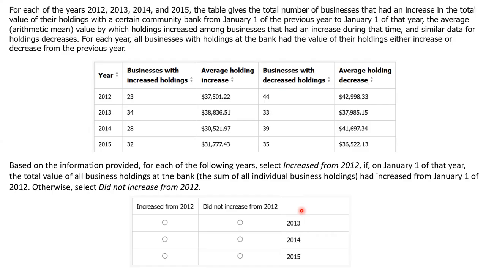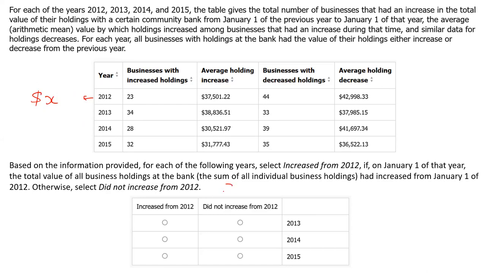Isha, how did you arrive at that? Very nice approach. Now, we don't need to calculate what it was for 2012. All right. Let us say in 2012, the total value of holdings of all the businesses is $X. Right. Now, what happened in 2013?